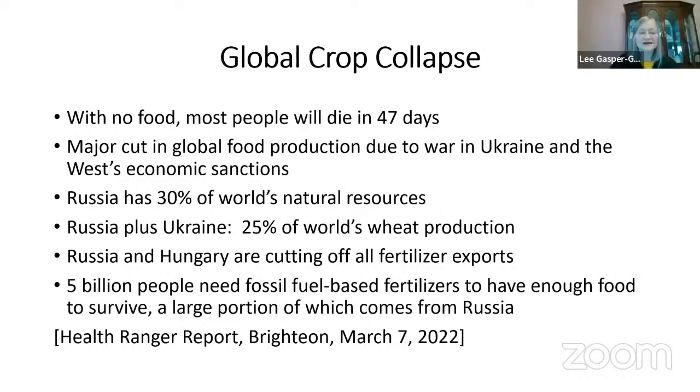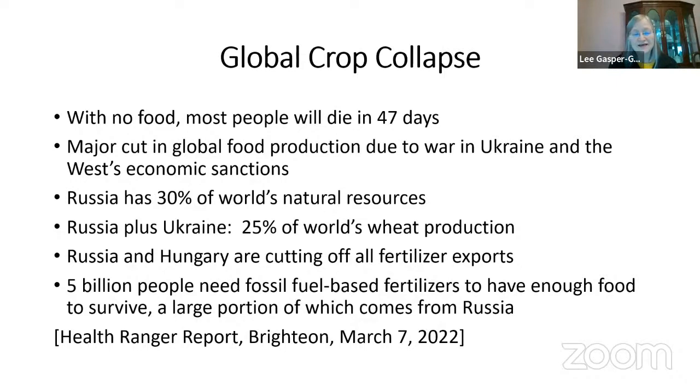Well, here's the thing, this kind of quantifies it. Basically, we have about 8 billion people on the earth right now. Is that the correct number? About that. Yeah. Okay. And in the Health Ranger Report, he said 5 billion people need fossil fuel-based fertilizers to have enough food to survive.